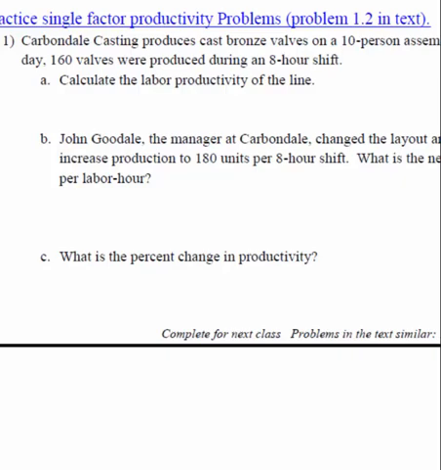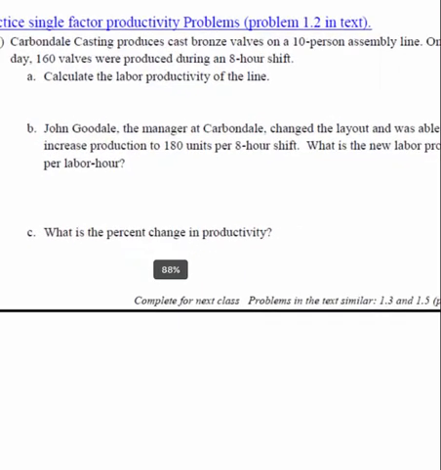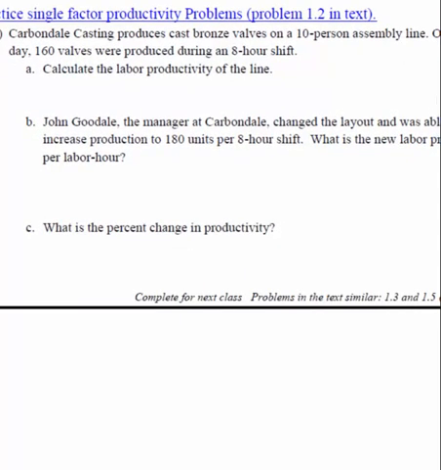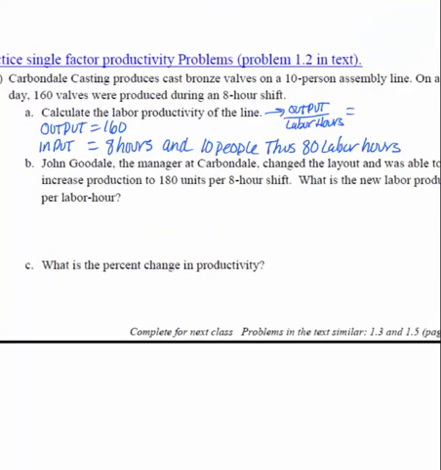Carbondale Casting produces cast bronze valves on a 10-person assembly line per day, and he makes 160 valves in an 8-hour shift. So we want to calculate the labor productivity of the line. When we read this problem, one of the things we want to notice is that they're asking us to compute the labor productivity for the line.